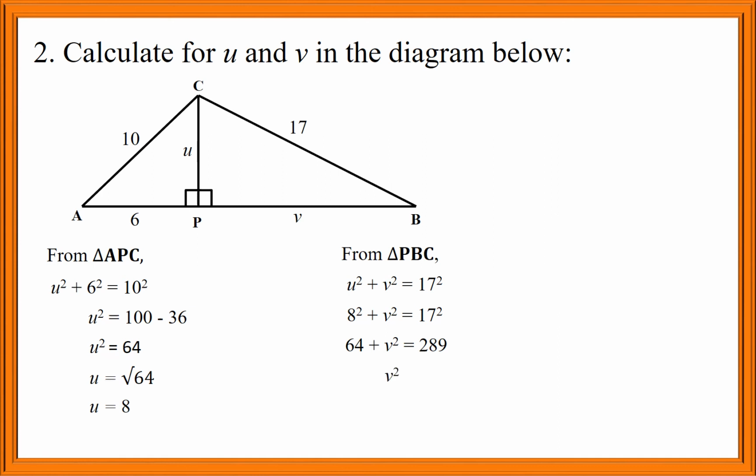Subtracting 64 from both sides of the equation, we have v squared to be 225. And taking the square root of both sides, v will be equal to 15. And that gives us the value of v. So this is how we apply Pythagoras theorem to find the values of u and v in this particular example.